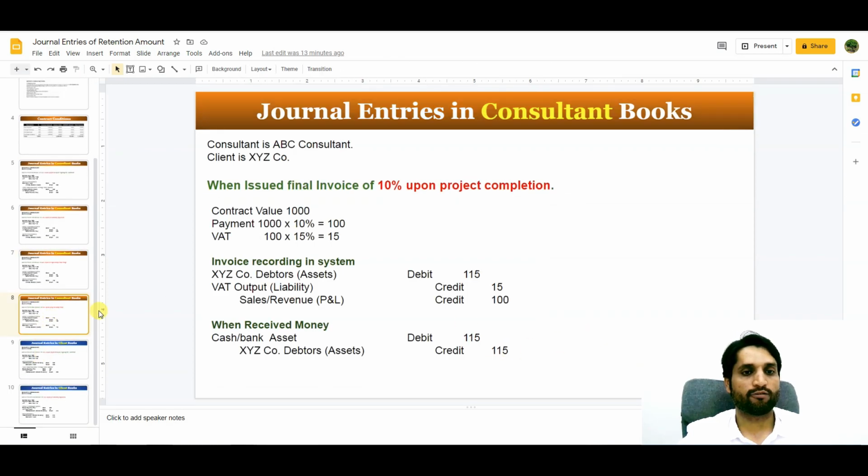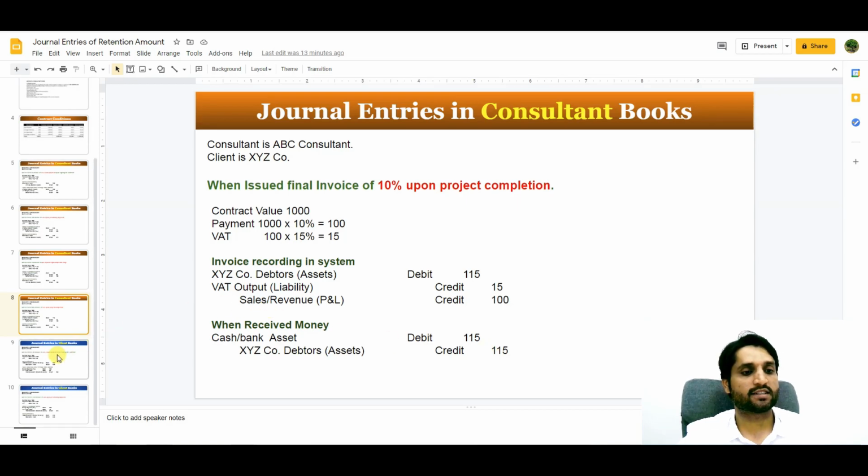Then we have a final invoice upon completion of the project. When we submit the invoice, the amounts will change but the entries will be the same, and when we receive the payment, only the value will change: cash and bank debit, XYZ company credit. So this is the whole procedure of the sales and recording of the entries from the consultant's perspective.